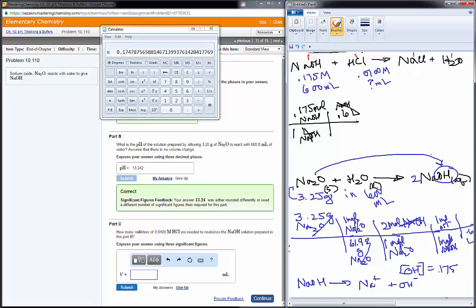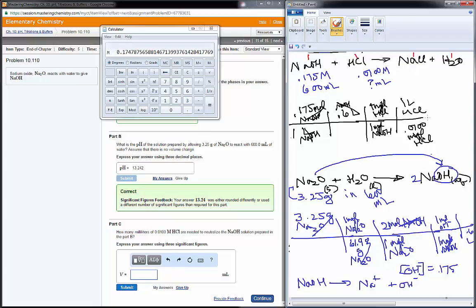That cancels. Now we'll see how many moles of sodium hydroxide I've got. 1 mole sodium hydroxide is going to react with 1 mole of HCl. So those cancel. And if this is a 0.0100 molar solution, that's 0.0100 moles of HCl in 1 liter of HCl.